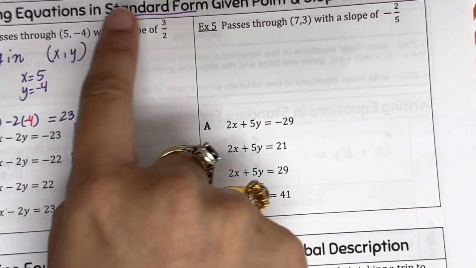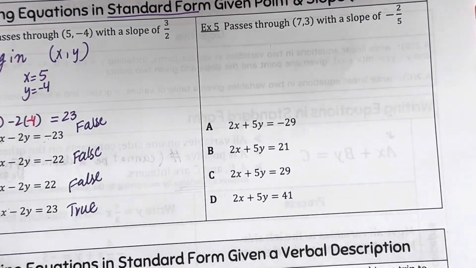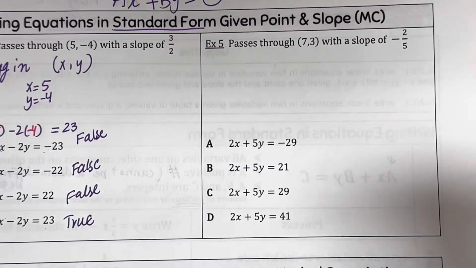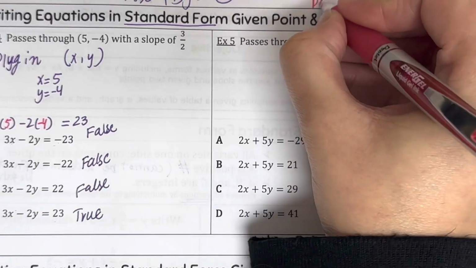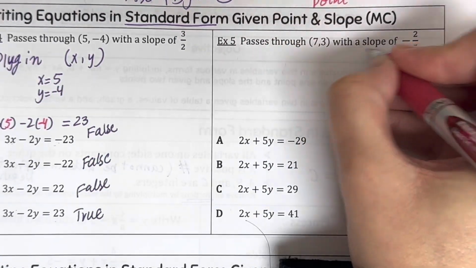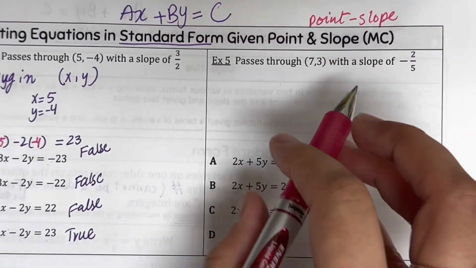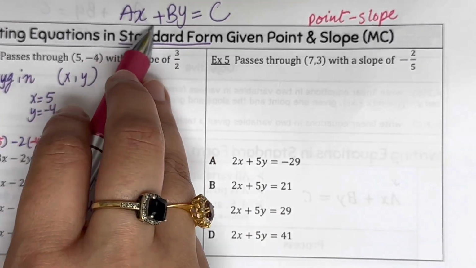I have to write the equation in standard form that passes through 7,3 and has slope of negative 2/5. So I do not have the equation. The first thing I'm gonna do is write the equation, and I have a point and I have a slope. That means the equation that I'm going to use is the point slope form, and then I'm gonna convert it to the standard form.